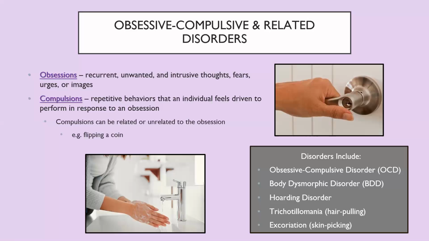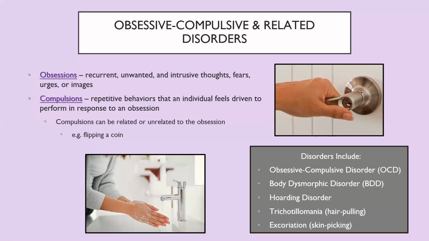So maybe you feel a compulsion to flip a coin a certain number of times, otherwise something bad is going to happen to someone you love. So that would be an example of a compulsion that is not at all related to the obsession. Flipping a coin isn't related to something bad happening to your family, but the individual still feels driven to do that behavior in order to get rid of and quell that anxious obsession.